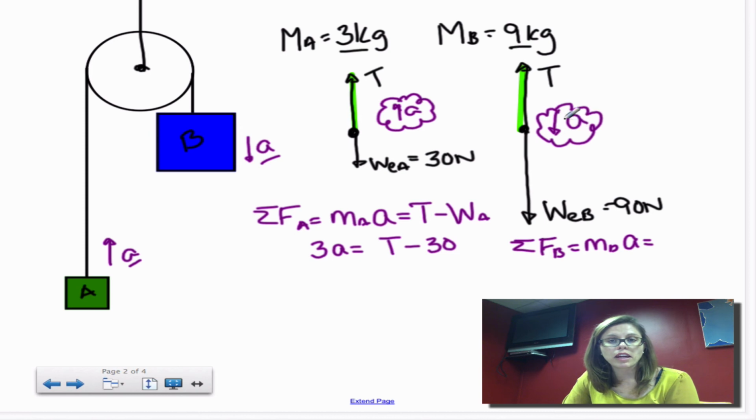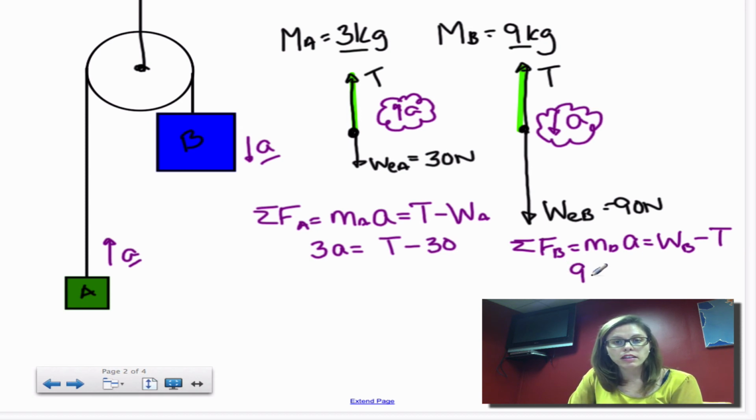And then you think, okay, what forces are going in the same direction as the acceleration? In this case, it's the weight of B. And you subtract the forces going the opposite direction. In this case, the tension. And we plug in what we know. So 9 kilograms times A is equal to 90 minus T.